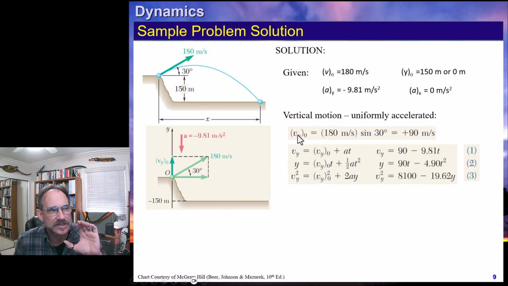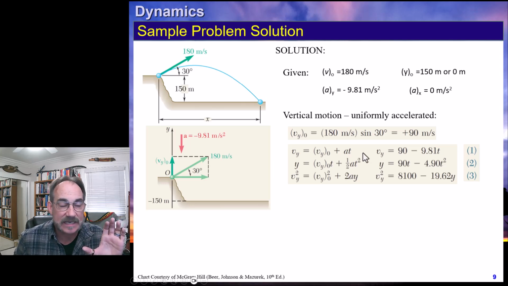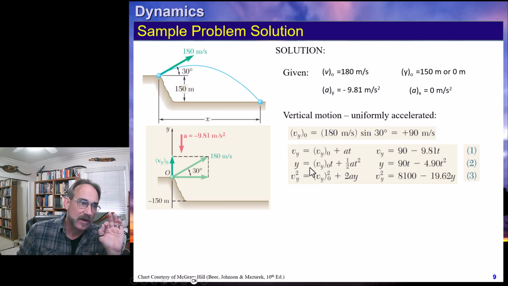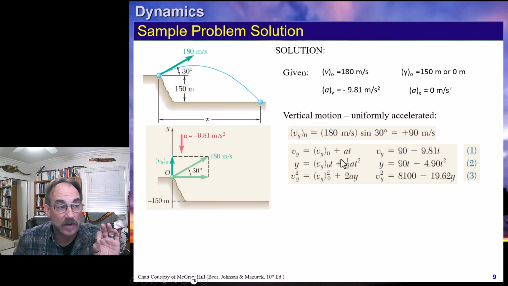These are the equations that we have. We can calculate our vertical component of velocity and our horizontal component of velocity. We can also look at the equations that apply. V equals V0 plus at is our general equation. We plug in our values and we get this equation 1. Y, remember we call that s, equals V0t plus 1/2 at squared. That's our general equation, which we now are applying to the y direction in equation 2.